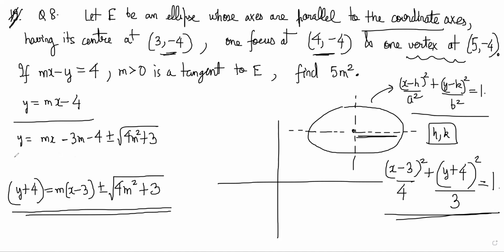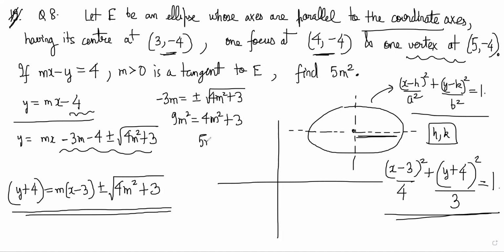So this part should match this. In order to match, minus 3m should be plus minus root over 4m square plus 3, so that minus 4 cancels. This should become 0. 9m square should be 4m square plus 3. So 5m square should be 3, right?